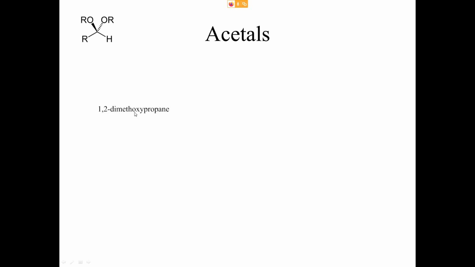So dimethoxys. So here's my propane. I drew it 1, 2, 3. You could have drawn it 1, 2, 3 the other way. Just the same thing. And on numbers 1 and 2, I put O methyls. O methyl, that's what methoxy is. And there's 2 of them. Is this an acetal?